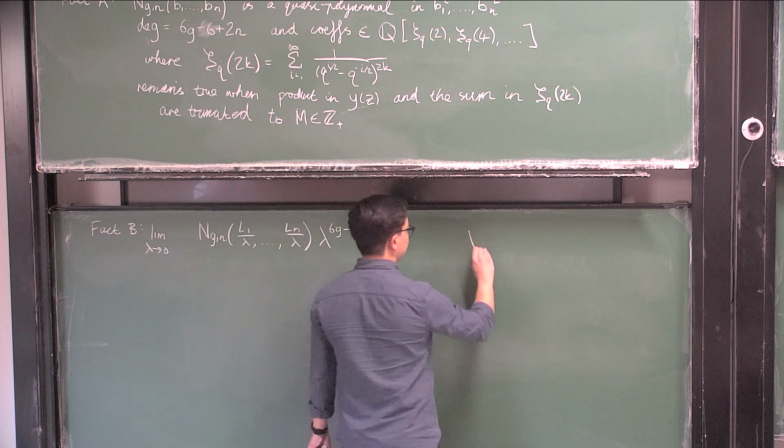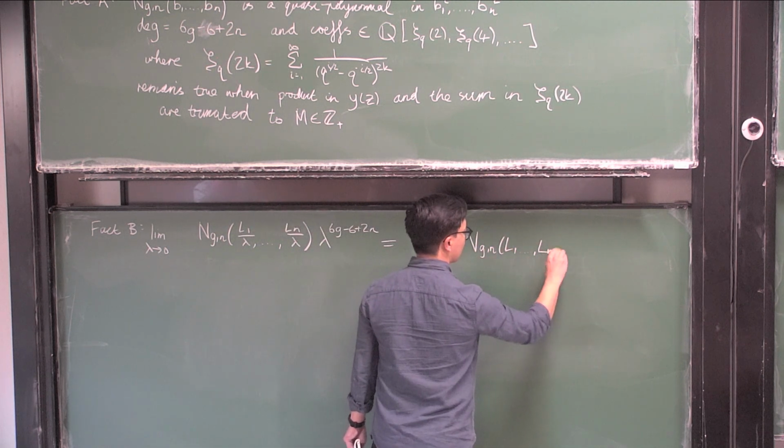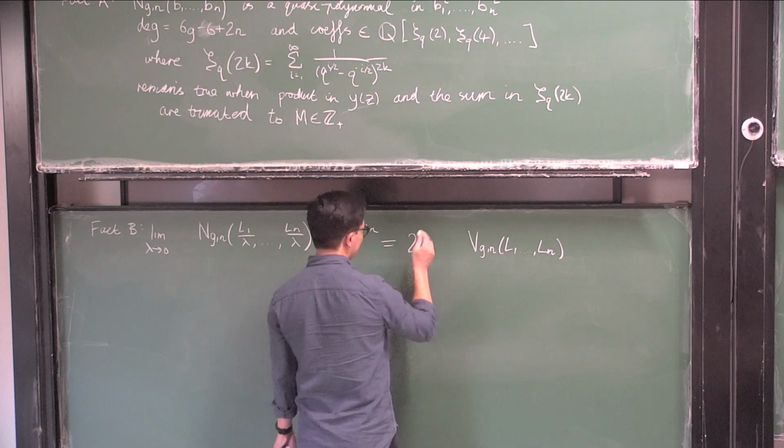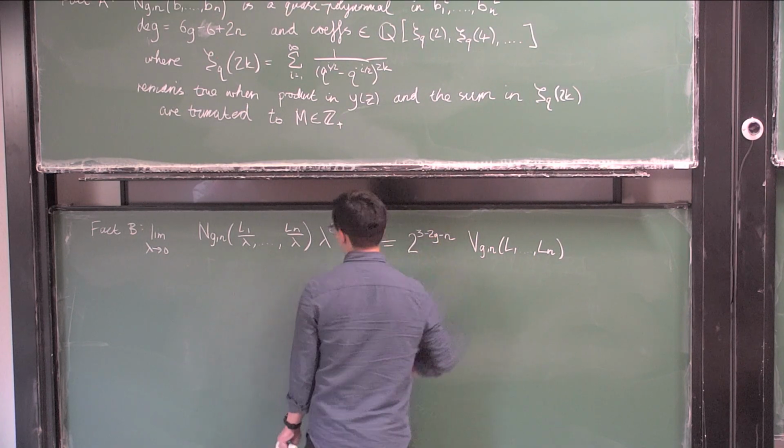So it's V_{g,n}(L_1,...,L_n) with some factor out the front, which is not too important, just some power of 2.